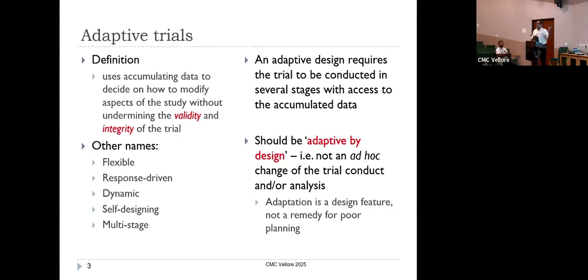You may have heard it by different names: flexible study design, or response-driven trial, or dynamic, or self-designing, or multi-stage. Now the latest buzzword is adaptive. Okay? And it requires the trial to be conducted in several stages with access to the accumulating data. Who has access to the data depends on what you're considering adapting, right? And we'll go into those examples.